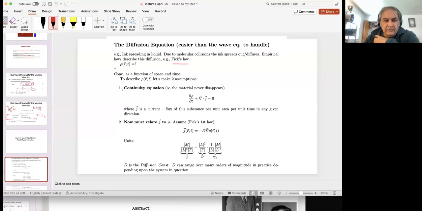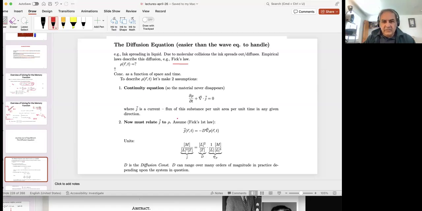And the whole idea of diffusion starts from conservation of matter. So basically, conservation of matter results in material never disappearing. Whatever it is that's there, it's going to be there.